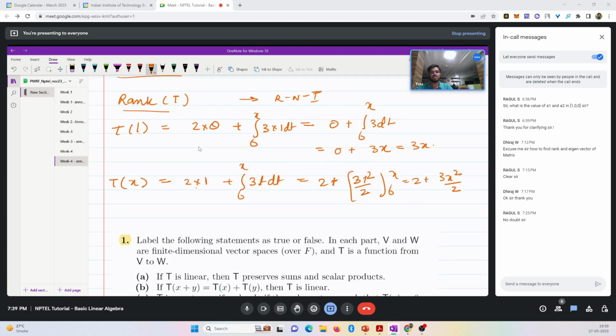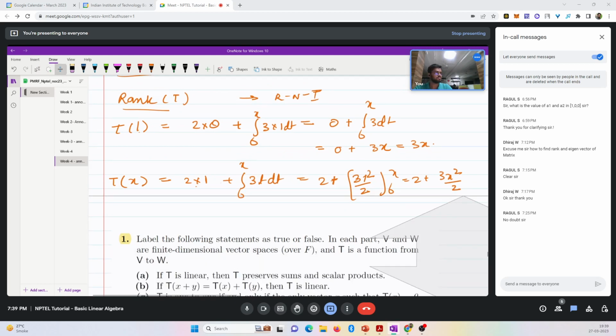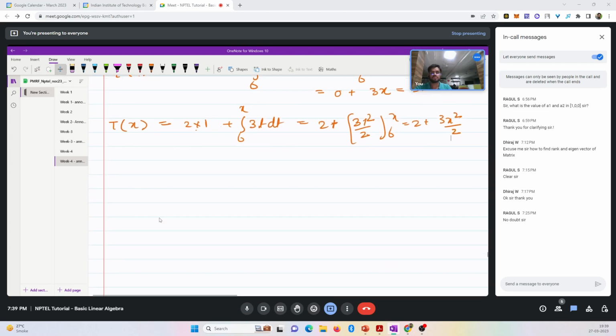Now we have one more left, which is T of x square. This is 2 into f'(x), which is 2 into 2x, plus the integral from 0 to x of 3t square dt.